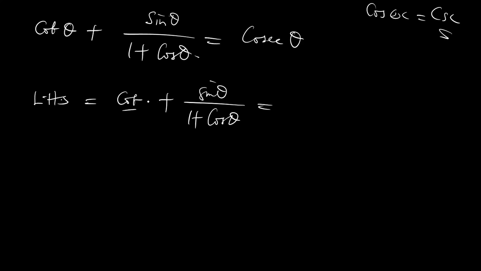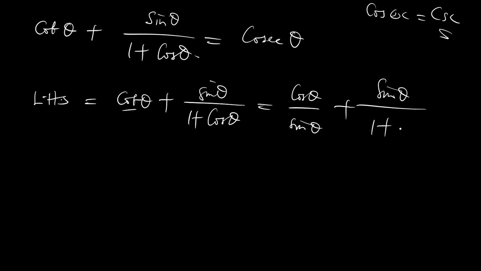Now cot theta is equal to cos theta divided by sine theta, plus sine theta divided by 1 plus cos theta. So what is the LCM of the denominators, sine theta and 1 plus cos theta? The LCM is sine theta times the bracket of 1 plus cos theta.